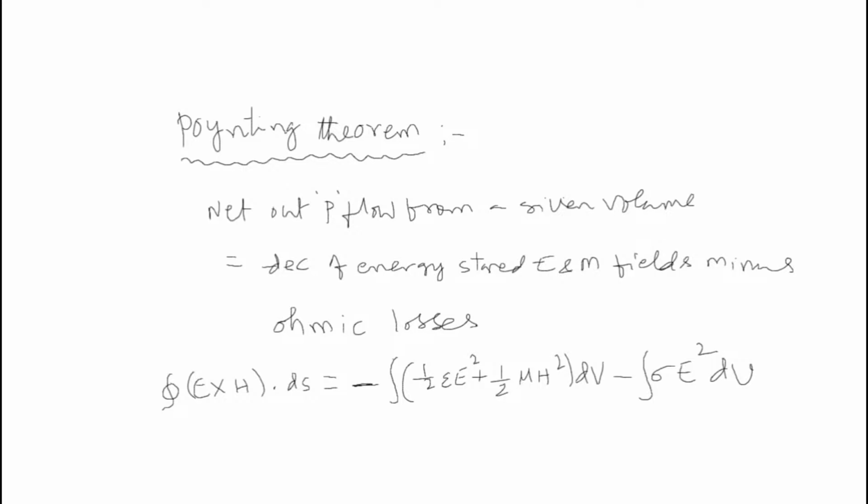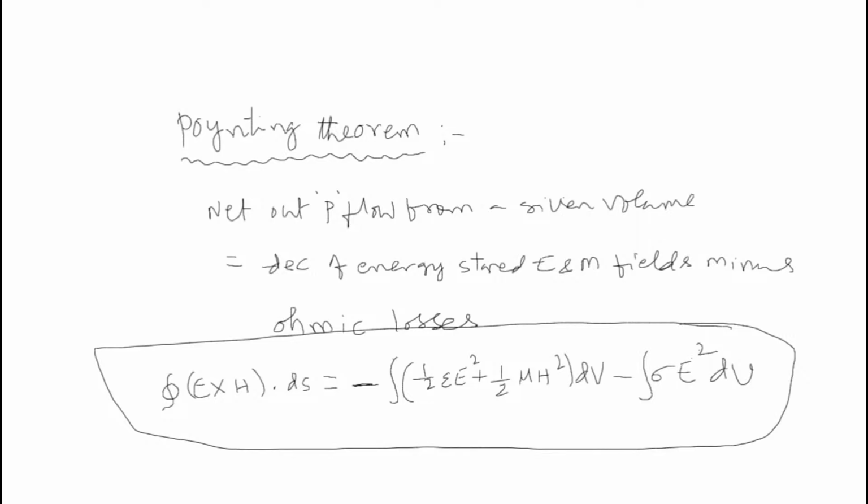We can prove this equation by using Maxwell's equations. Now, we know from the modified Ampere's law that del cross H is equal to sigma E plus epsilon dou E by dou t.